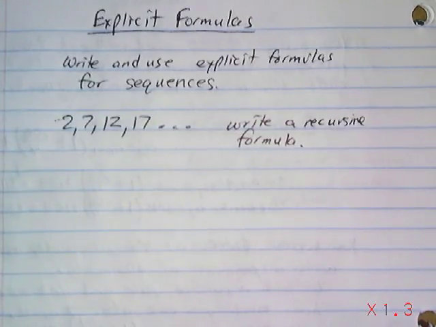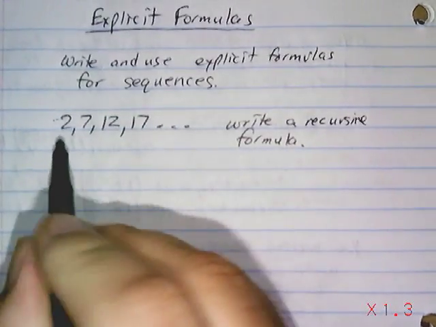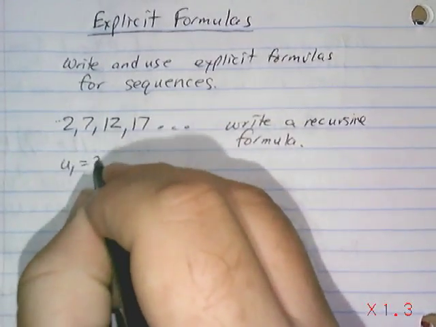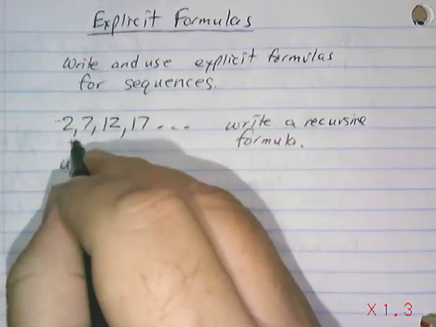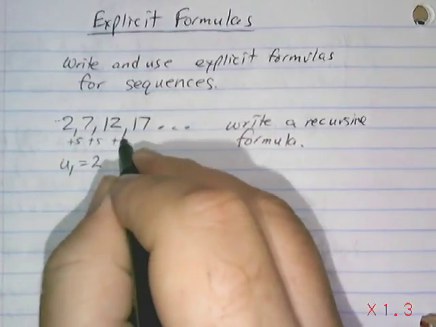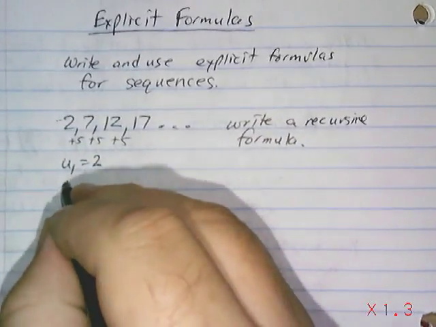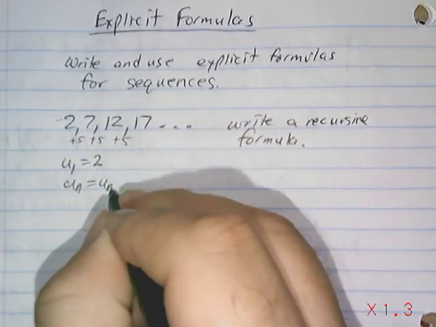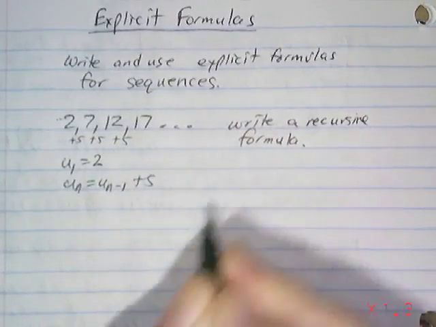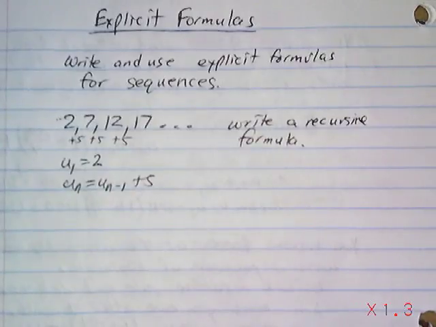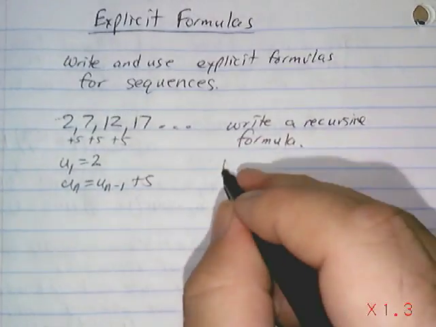From there, I could ask you to find u sub 5 and u sub 6, but how about u sub 74 as well? If I want to find u sub 5, well, u sub 1 is 2, u sub 2 is 7, u sub 3 is 12, and u sub 4 is 17.